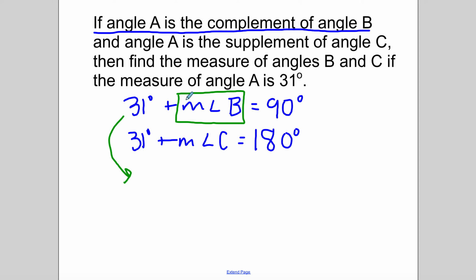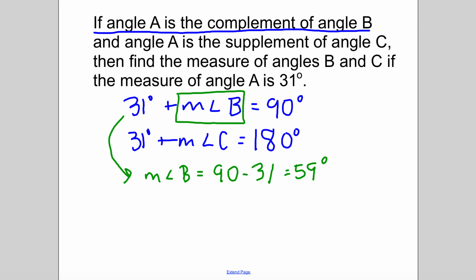When I do that, all that will be left on the left side of this equation is the measure of angle B. And over here I need to do 90 minus 31, which is 59 degrees. What the statement says is the measure of angle B equals 59 degrees. So we know what angle B is.